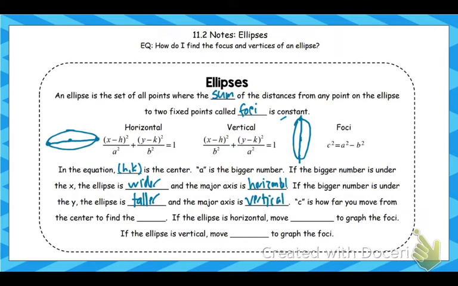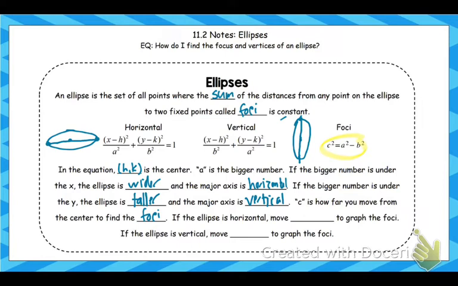C is a value that we get from this equation over here. C is how far we move from the center in order to find the foci. It's kind of like the p-value that we used to find the focus for a parabola. We moved p from the vertex for the parabola. We're going to move c in both directions to get the foci for an ellipse.